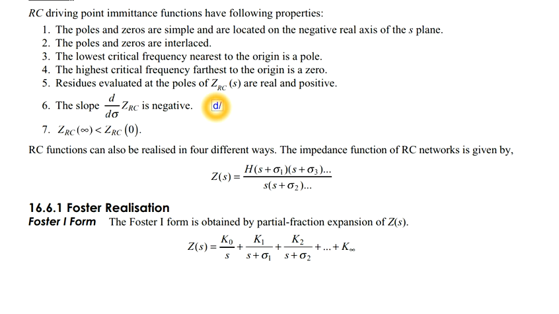This is nothing but d by dS of ZRC of S at S equal to sigma.